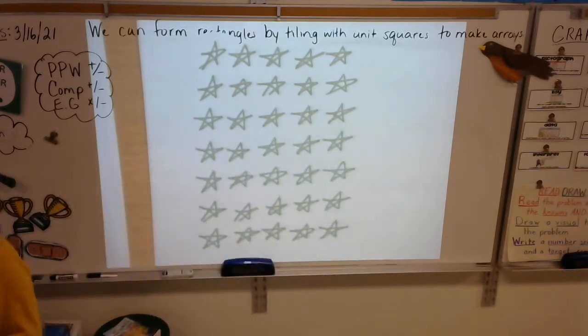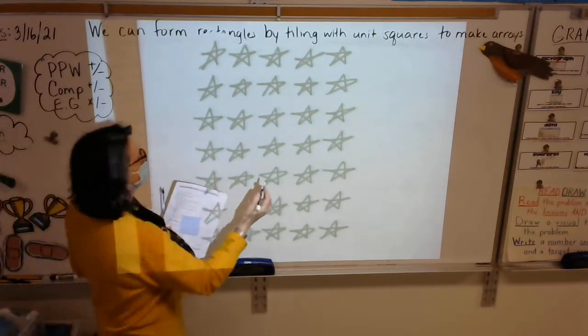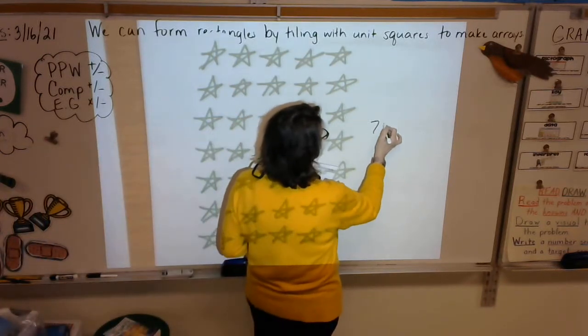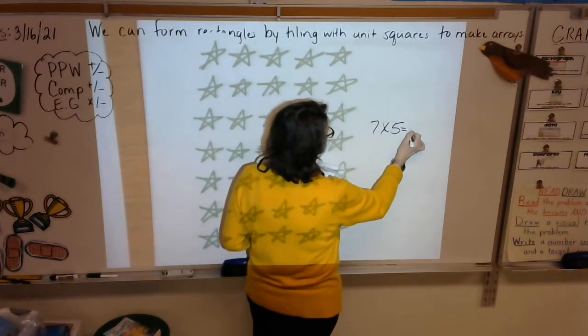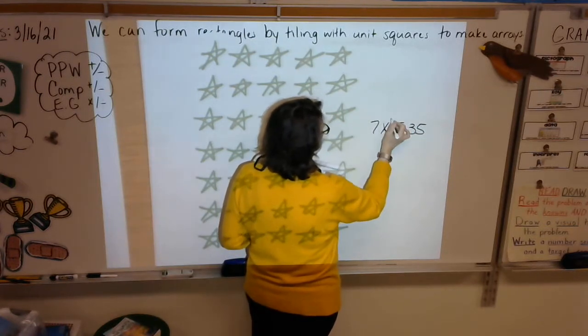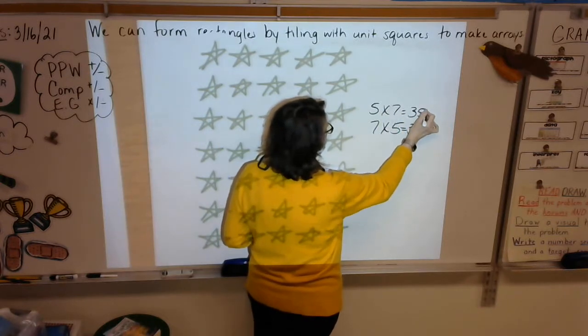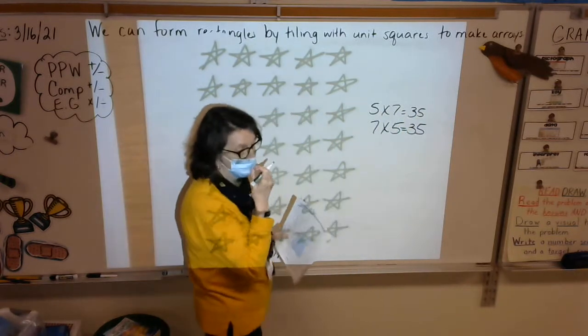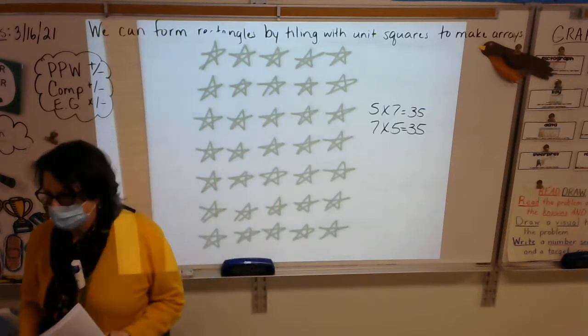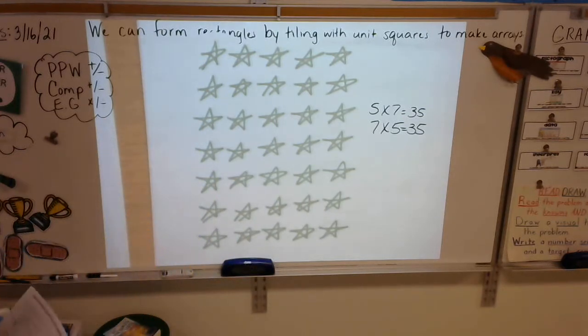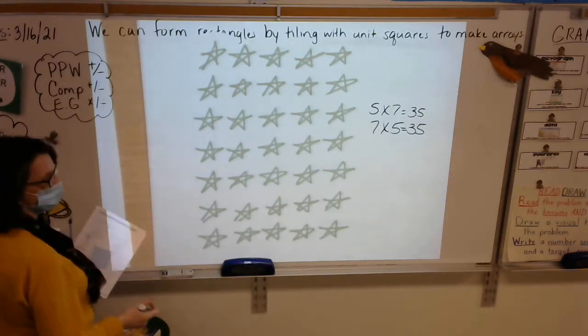All right, what multiplication equations would we write for this array? Lucas. We will write 7 times 5 equals 35. 5 times 7 equals 35. Very good. 5 times 7 equals 35, and 7 times 5 equals 35. I always like to write the number of rows first in mine, just because I think of those as the number of groups. All right, very good.